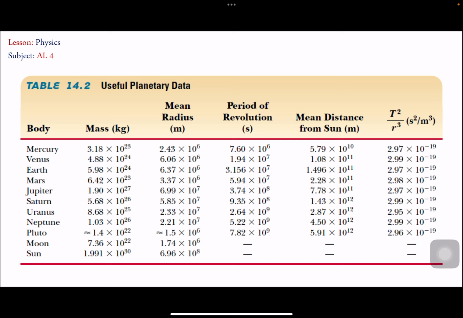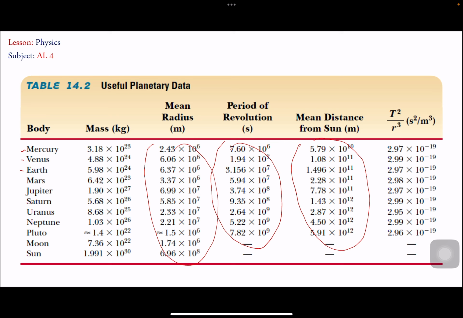Here is some planetary data, and you see here that the masses of some planets are already given. So there are the mean distance from the Sun, that is the semi-major axis A, and the period, and the ratio of T squared to A cubed, you see here they're approximately the same.